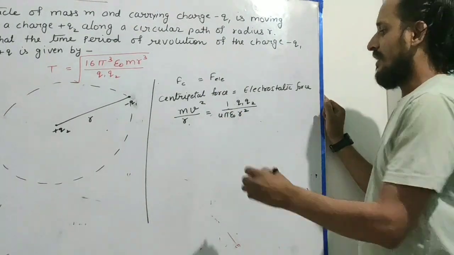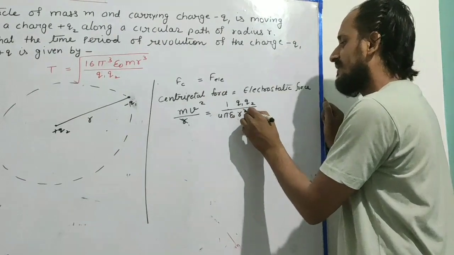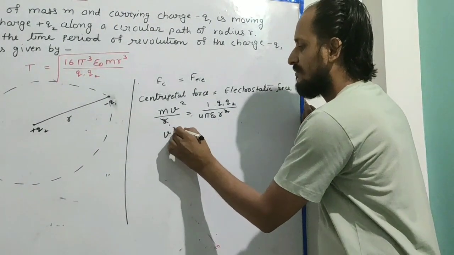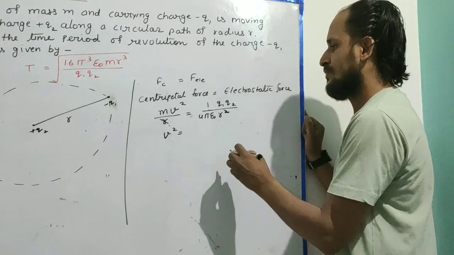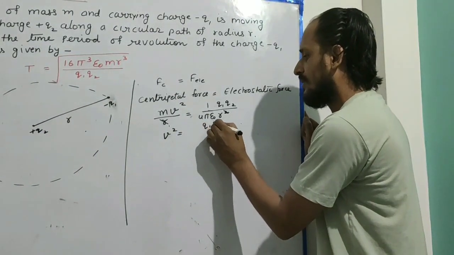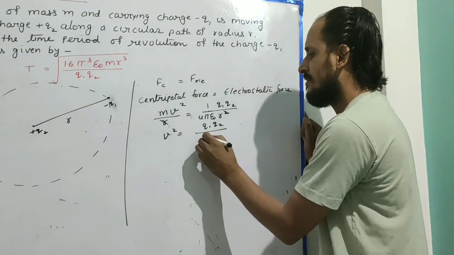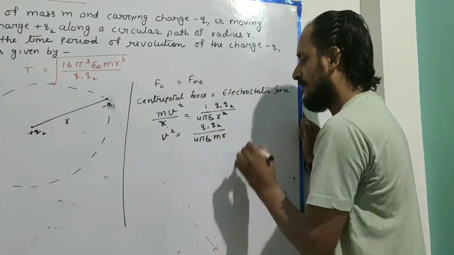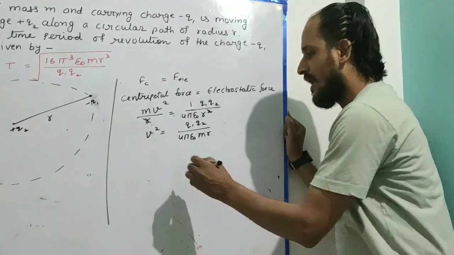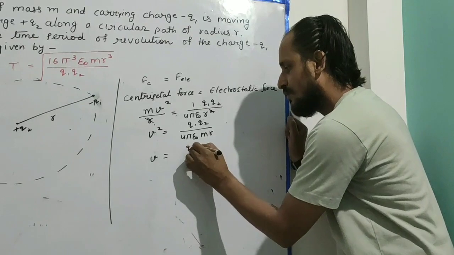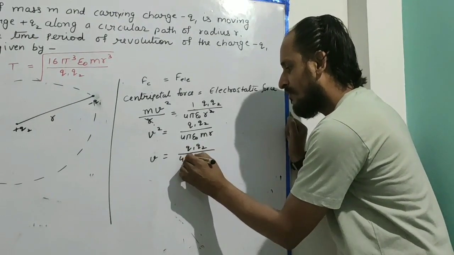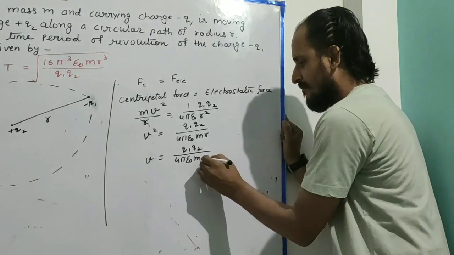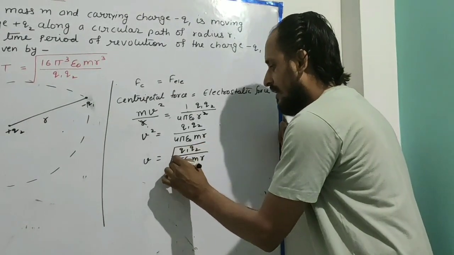Clear? Now this r will become cancelled with r square, 1 r will remain. V square is equals to q1 q2 upon 4 pi epsilon naught m r. So now V is equals to q1 q2 upon 4 pi epsilon naught m r under the root.